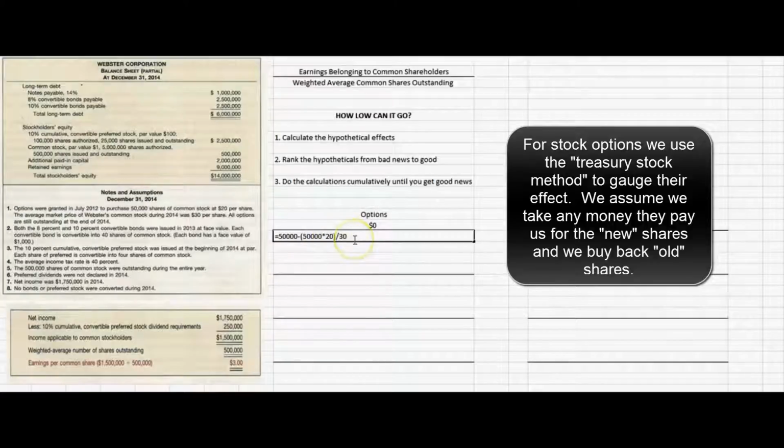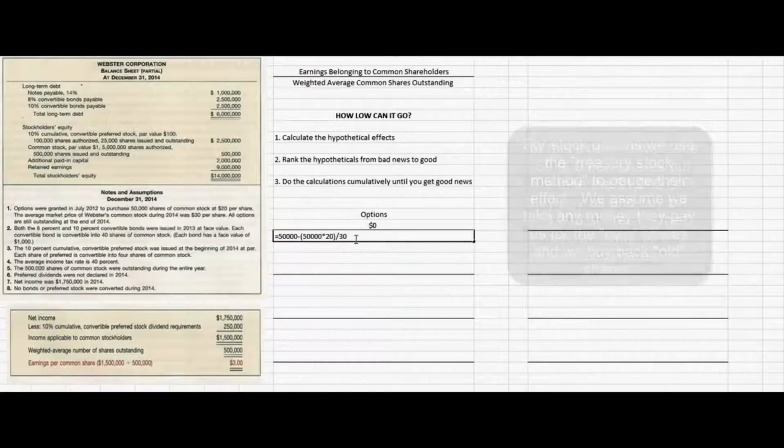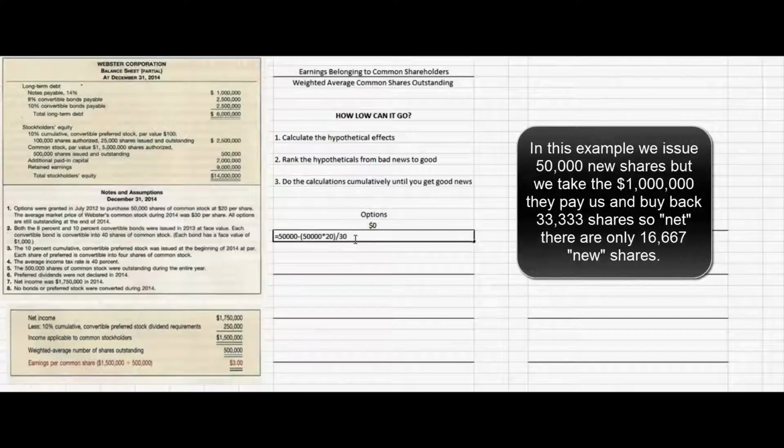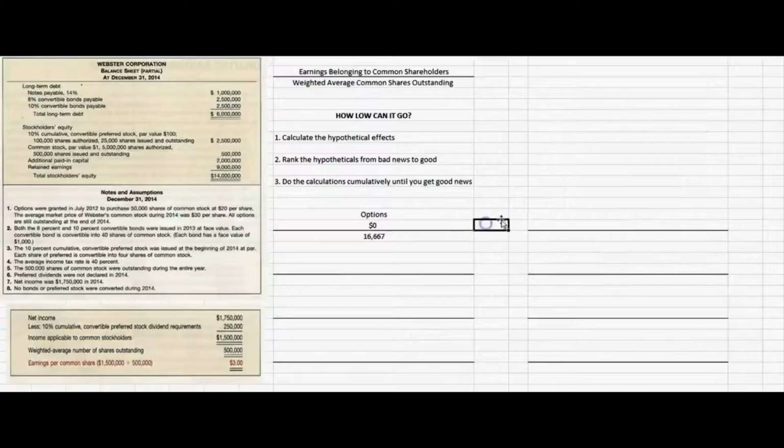We would pretend like we went out and bought shares back in the marketplace for $30 a share and subtract that from the 50,000 shares that we just issued to tell us how many new shares would exist. And in this case, if they exercised their options and we took that money and bought back shares, there would only be 16,667 new shares outstanding.